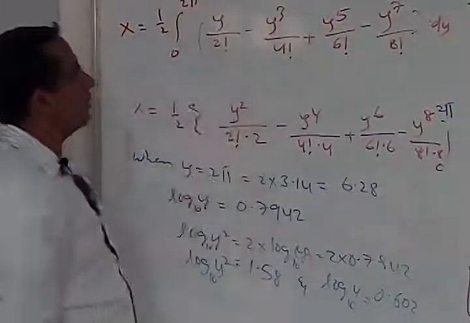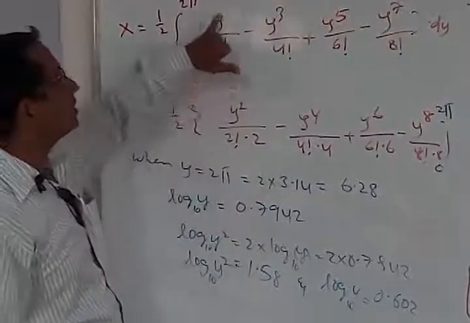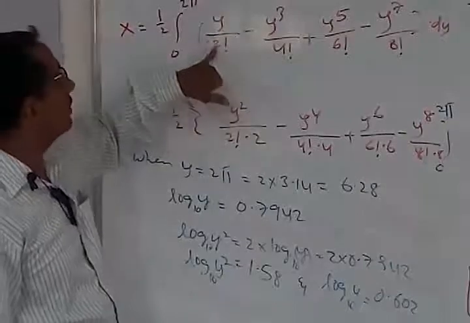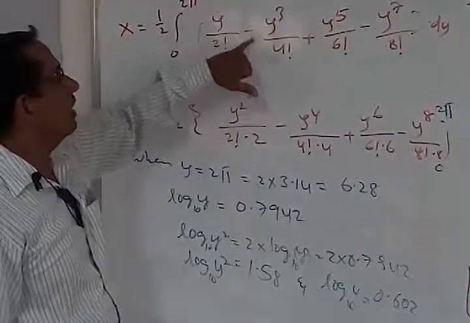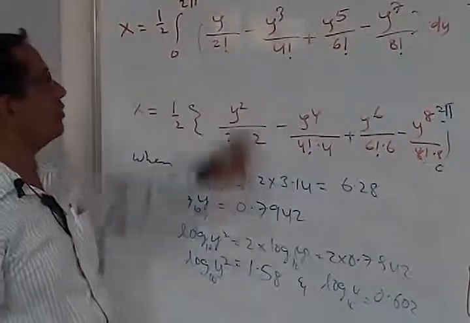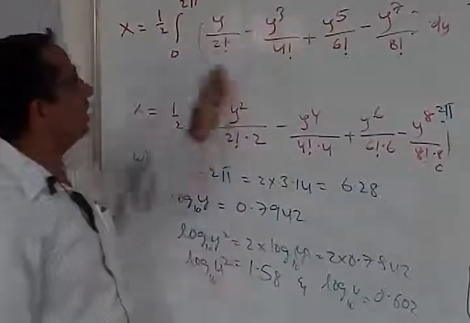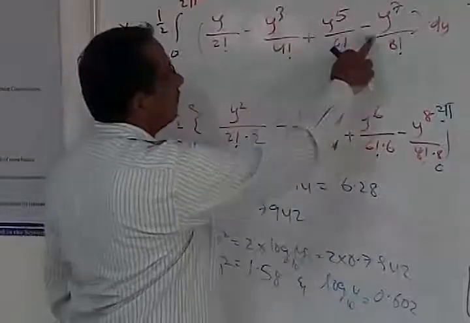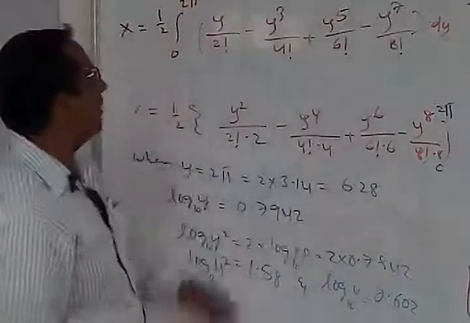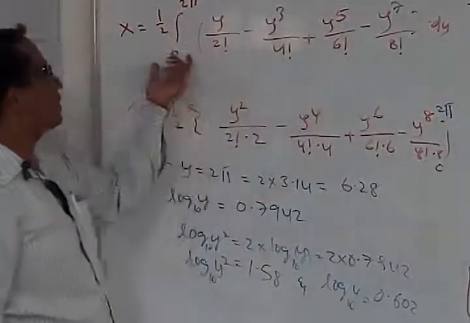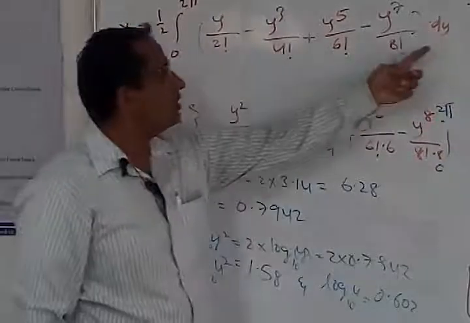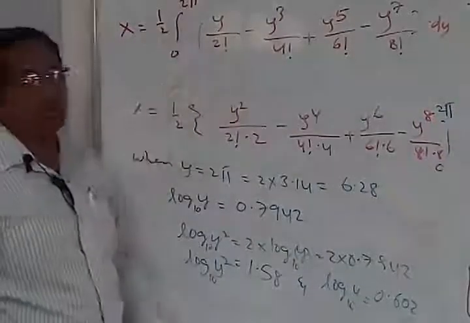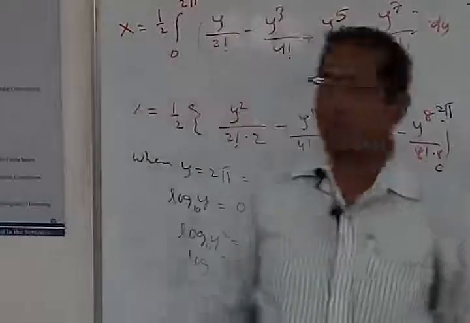Once you divide it by y, we are going to get here y square by 2 factorial becoming y, and similarly y power 4 becoming y power 3. Like that, we will be getting y power 5 by 6 factorial, y power 7 by 8 factorial. All this is integrated with respect to y over the limit 0 to 2 pi. So this is the equation we have.